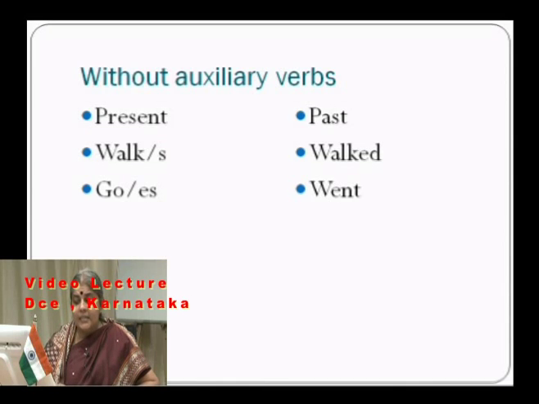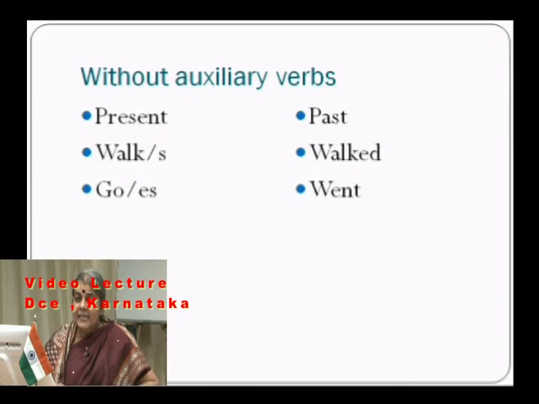In the present tense, you have walk or walks. The past tense of walk is ed, walked. In the present tense, we have go or goes. Now, the past tense of go is went.